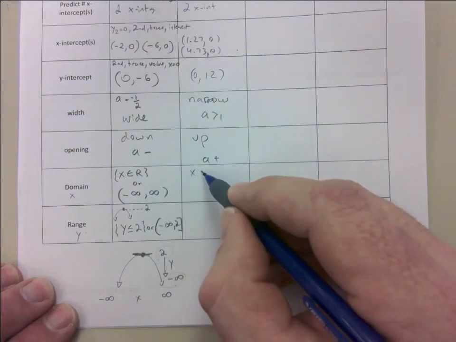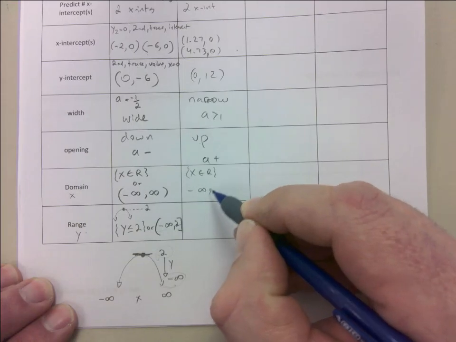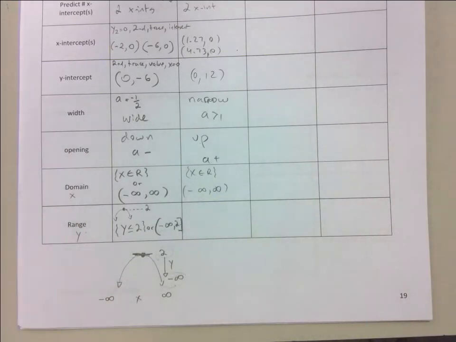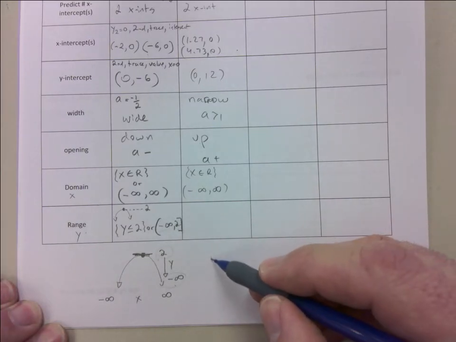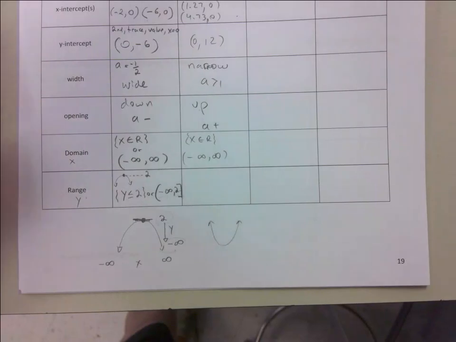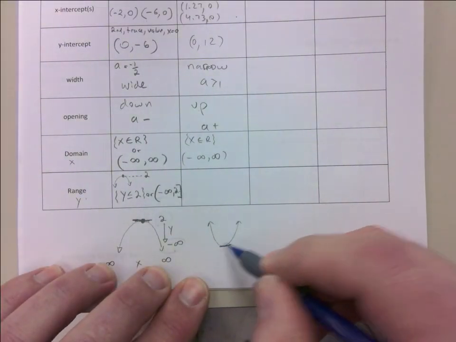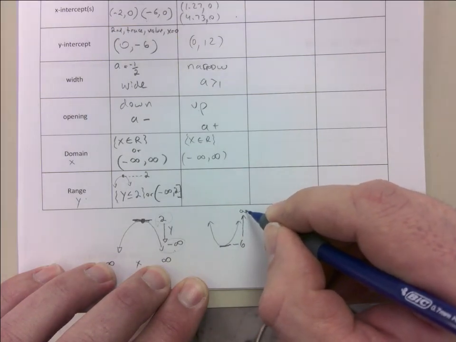My domain for now, especially because I don't give you a graph, we are assuming that it just ends up opening up indefinitely. This one, let's try the trick that I just showed you here. For the y, for the range, we go as low as -6 and above it, right?